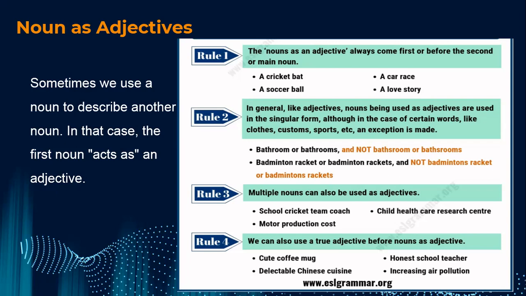These are the various examples you can learn in detail on your own, right? So sometimes we can use a noun to describe another noun, okay. That is why in those cases we can say the noun is playing a role of adjective in a sentence, right?